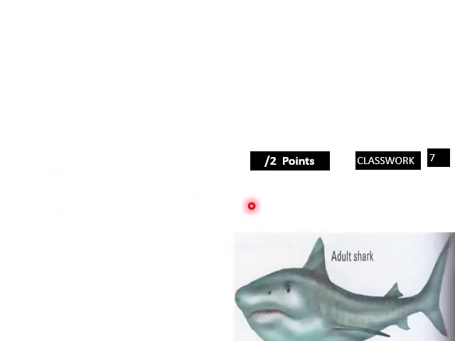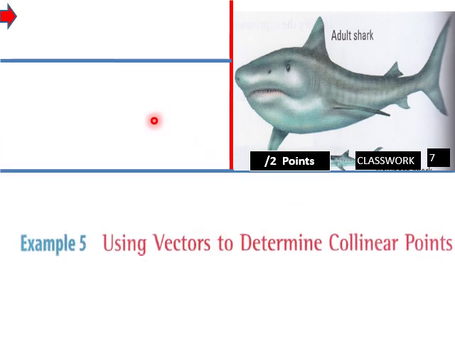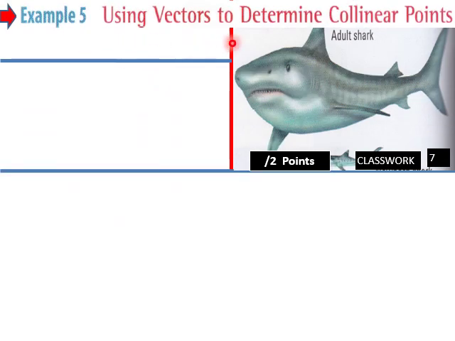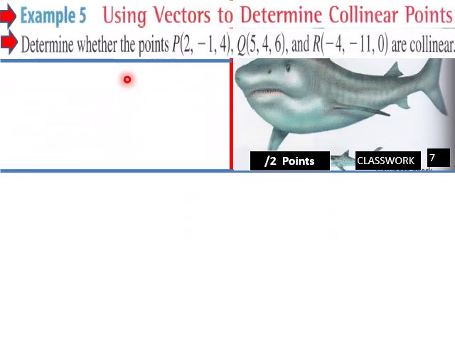That sounds about right. So, using vectors to determine collinear points. Determine whether the points P (2, -1, 4), Q (5, 4, 6), and R (-4, -11, 0) are collinear.